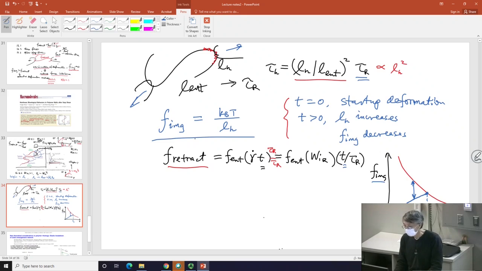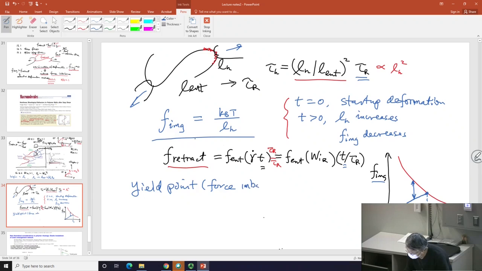So you stretch. Your blue line keeps growing until the point where the declining gripping force meets the growing retraction force. So that's the yield point, or the point of force imbalance, at Ty.